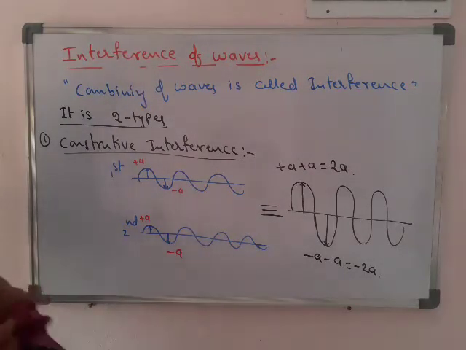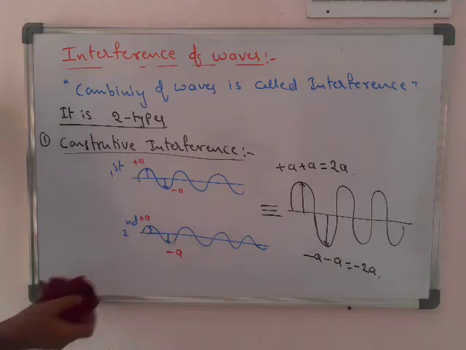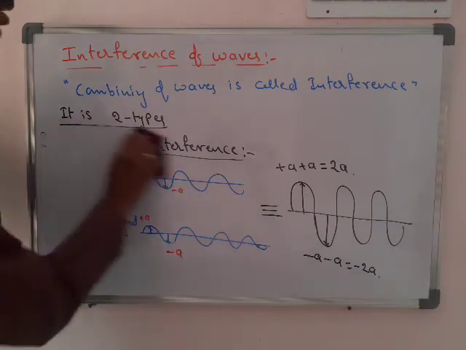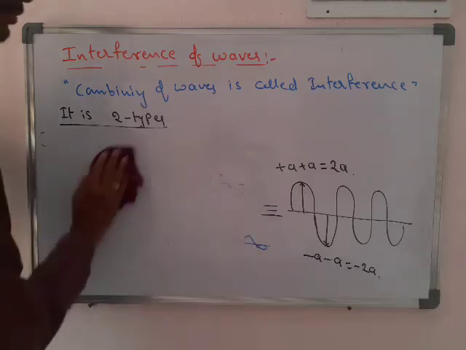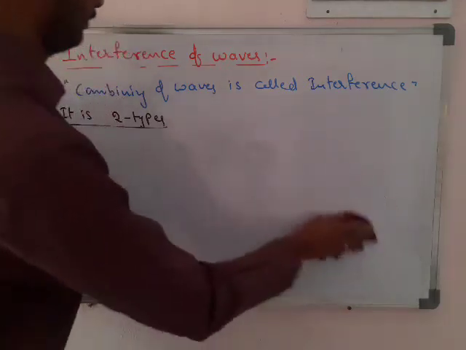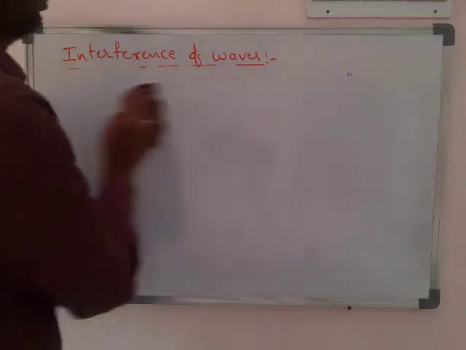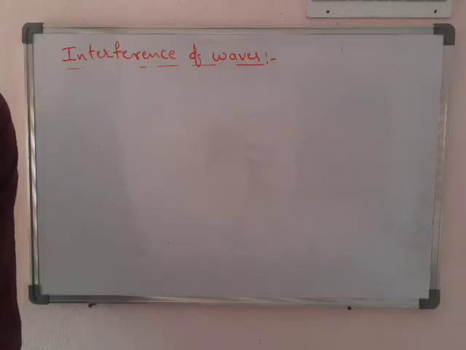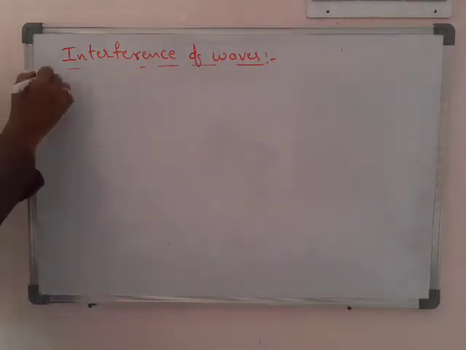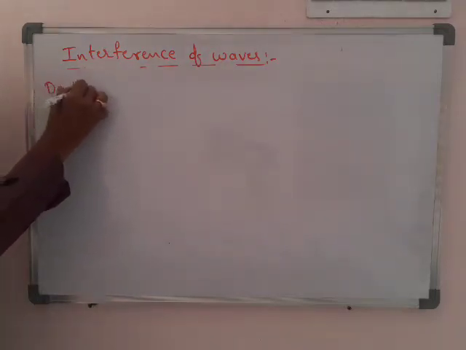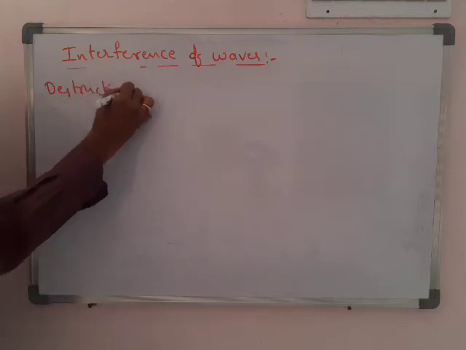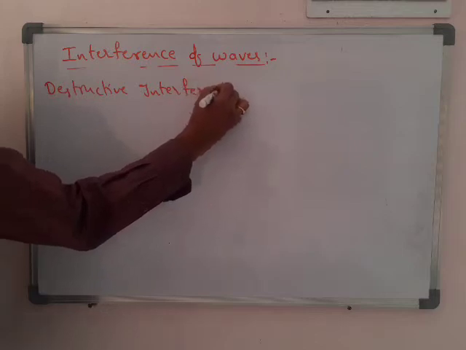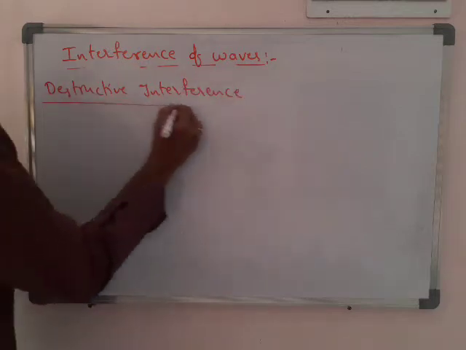Next, what is the second type? The second type is exactly the opposite. Afterwards we write the definition. It is destructive interference.